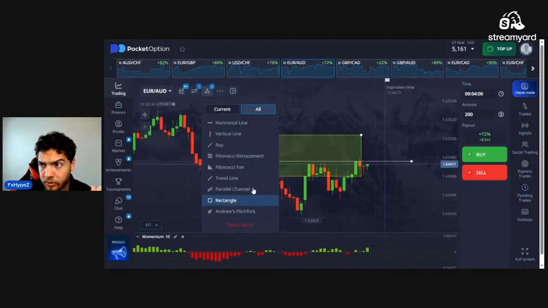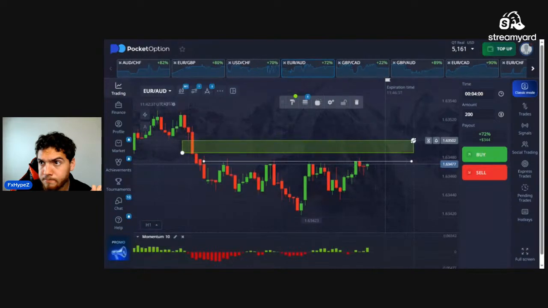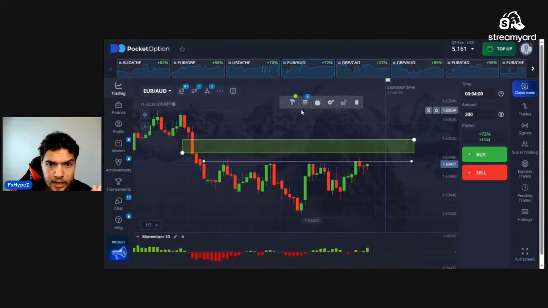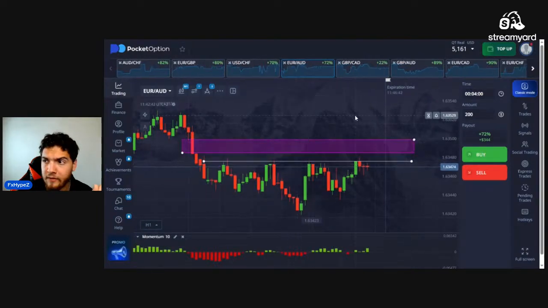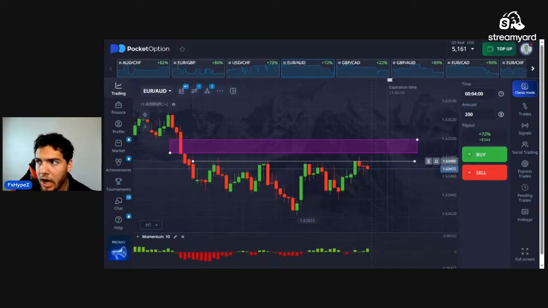So if we take a look here, we also have a beautiful little fair value gap here as well. Take a look at that. Beautiful fair value gap, which if we get a firm break above 1.63480, doesn't necessarily have to be a candle closure, I'll happily lock in a 4-minute buy position.